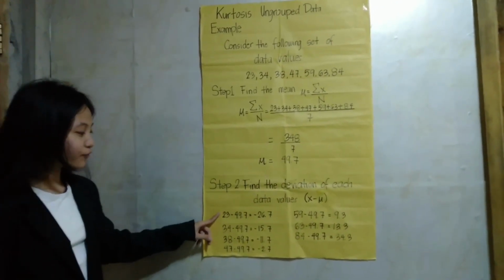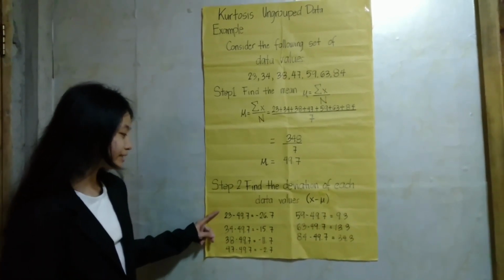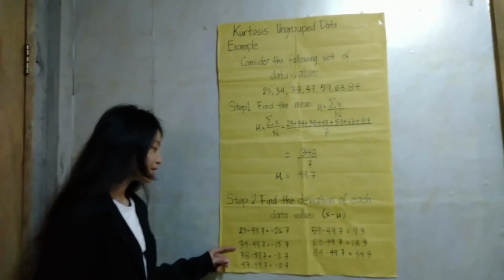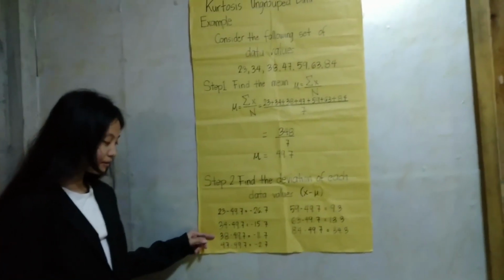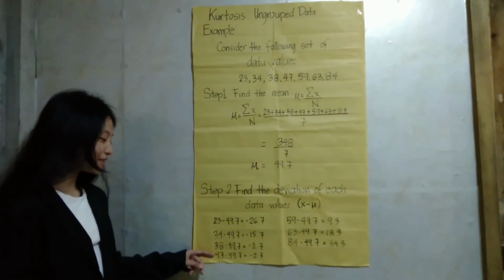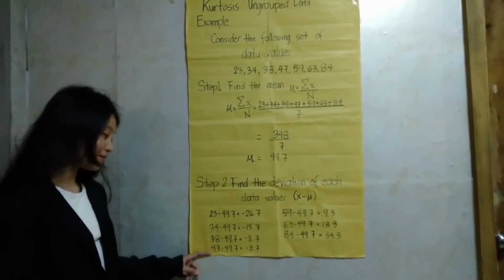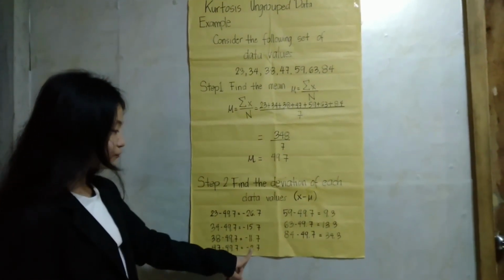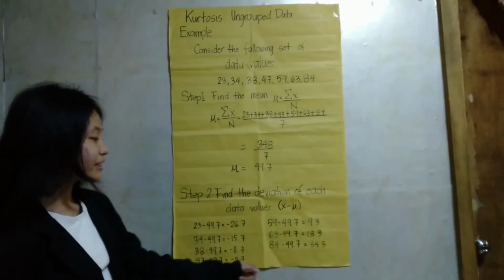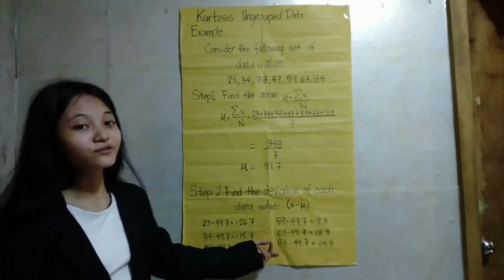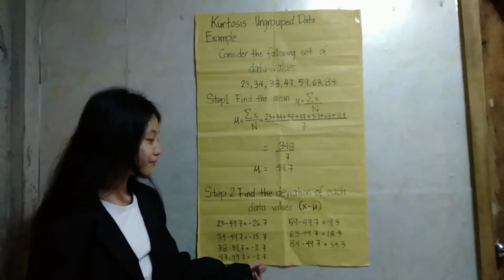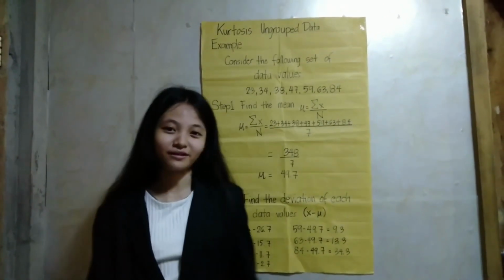So 23 minus 49.7 is equal to negative 26.7. 34 minus 49.7 equals negative 15.7. 38 minus 49.7 equals negative 11.7. 47 minus 49.7 equals negative 2.7. 59 minus 49.7 equals 9.3. 63 minus 49.7 equals 13.3. And 84 minus 49.7 equals 34.3.